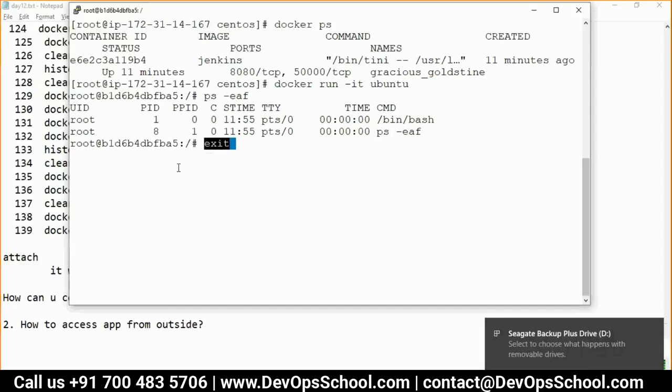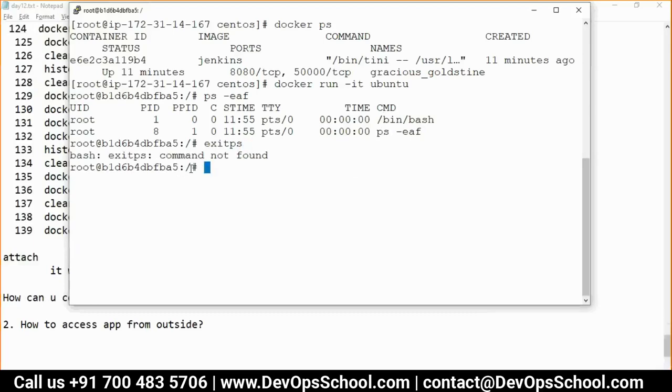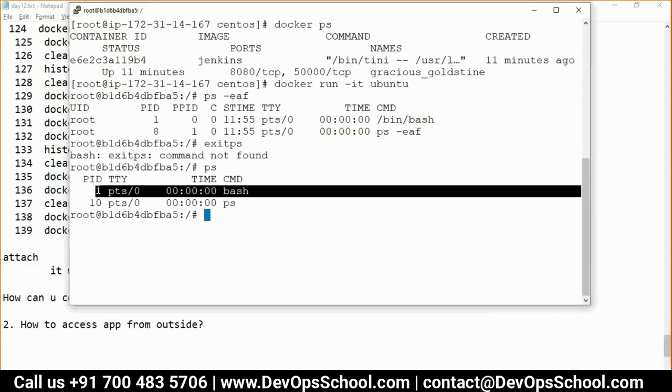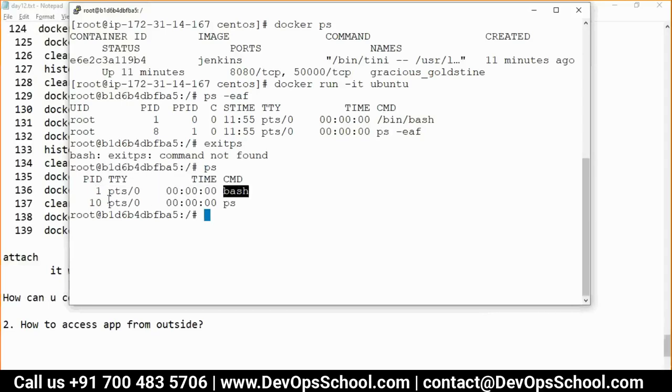Where are you right now? Yeah, it will exit the container, but where are you? Inside bash. You are in bash right now, and bash is PID1.